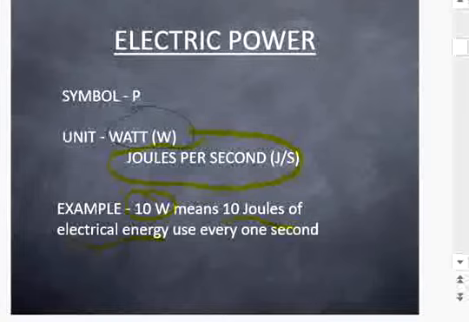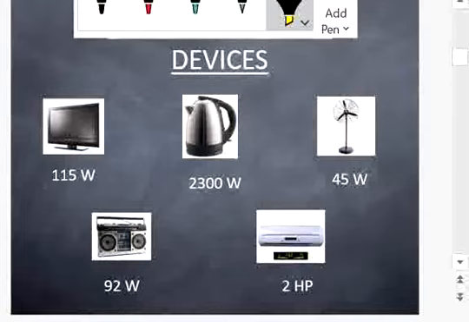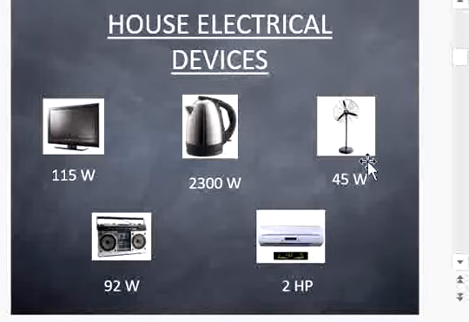We know that many appliances, for example, a TV is 115 watt, a kettle 2300 watt, a fan 45 watt, a stereo radio 92 watt, and an air conditioner 2 horsepower.